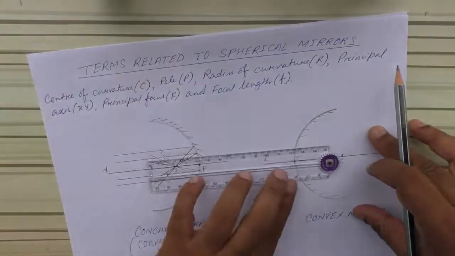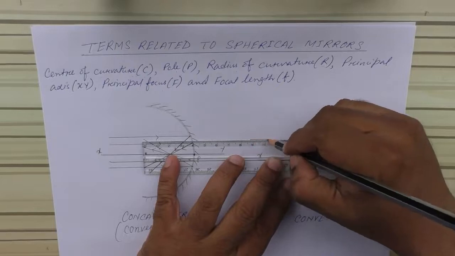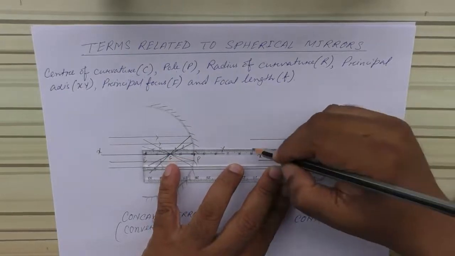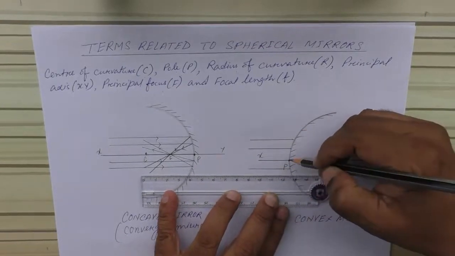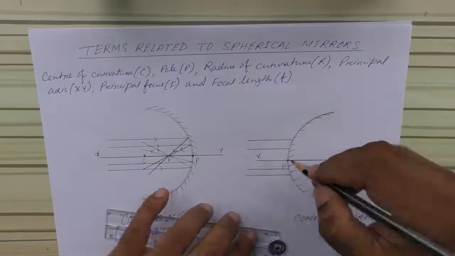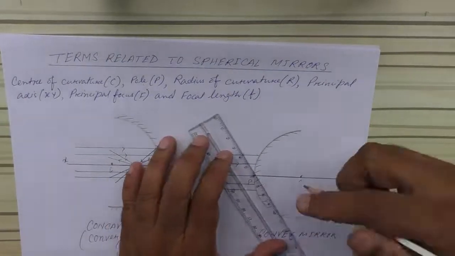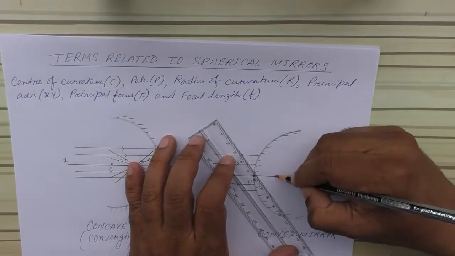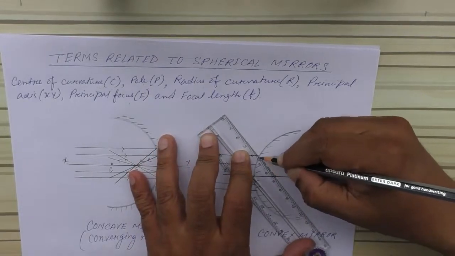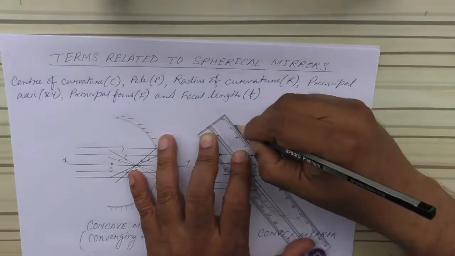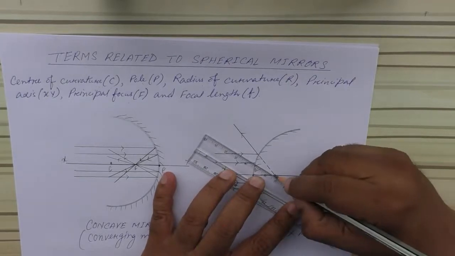Now if I allow a parallel beam of light to fall on convex mirror, after reflection, these light rays will appear to diverge from a point on the principal axis.